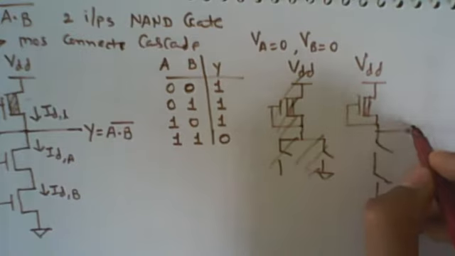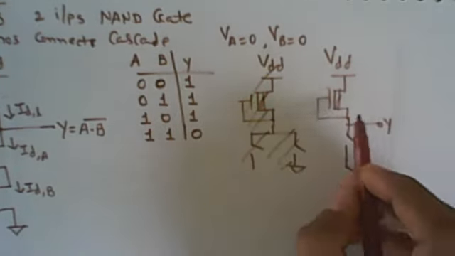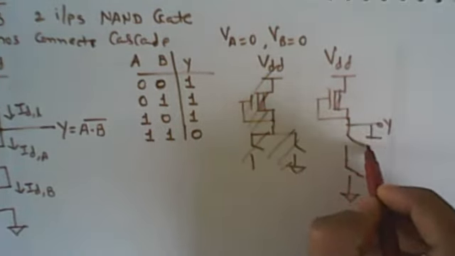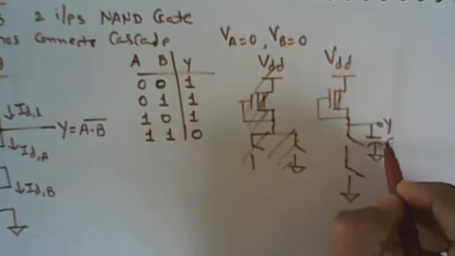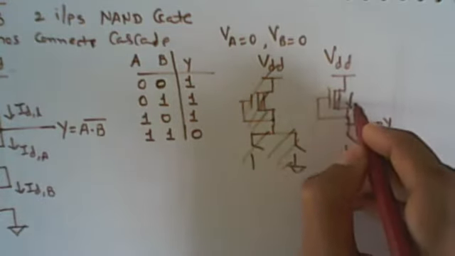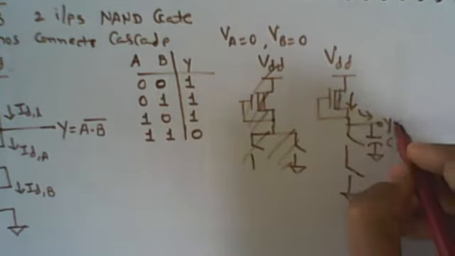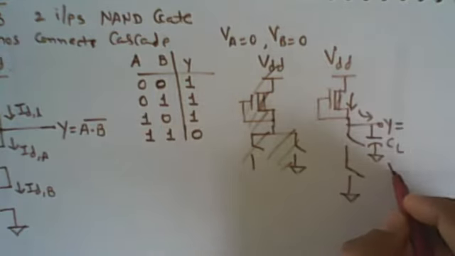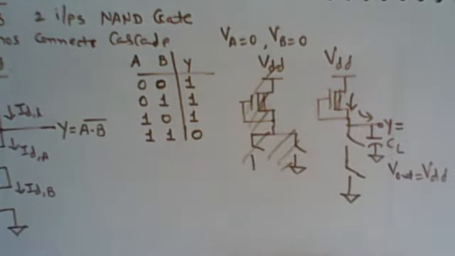So here the load capacitor is fully charged through this load, so we get output Vout equal to VDD in this case.